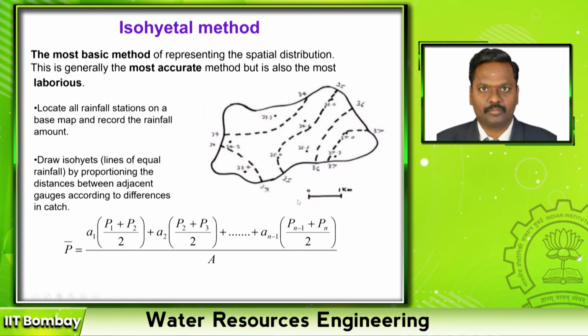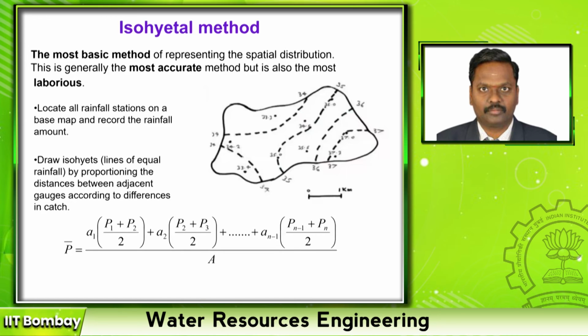That means each station is represented by 1/4 of this circle. So when the next class comes, you are supposed to show me this answer. Then for station A, rainfall 85 into 1/4 of this area, then 130 rainfall of B and 1/4. So multiply this rainfall with this area, divide by the total area, and that will give you the average rainfall of this basin. This is the Thiessen polygon method.